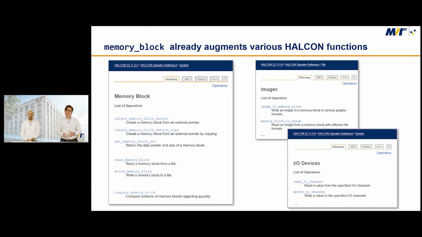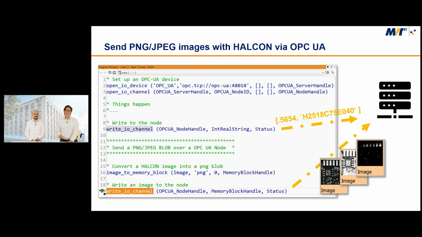We have, of course, the writing and reading of memory blocks to and from file, and writing and reading memory blocks from I/O channels. This allows us several things. One use case we are very excited about is the sending and receiving of PNG and JPEG blobs via OPC UA or MQTT. So how does that work?